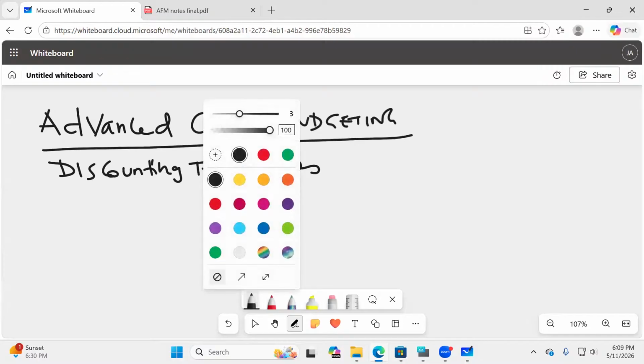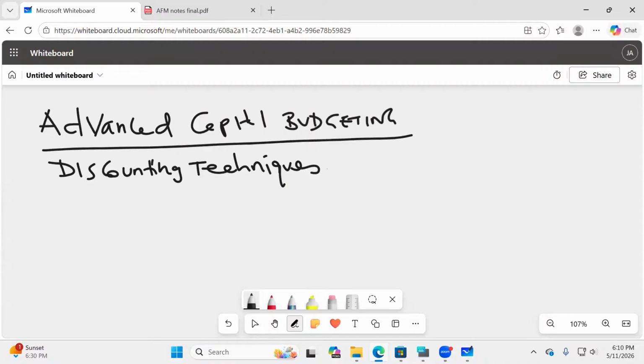So under discounting techniques, ladies and gentlemen, I would want us to mention that this is the process of determining present values of cash flows.